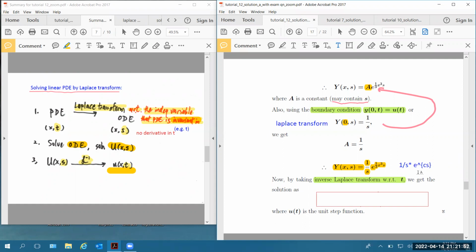So the c here is like x cubed over 3. So it's actually this form. All right, so we go to the Laplace table.